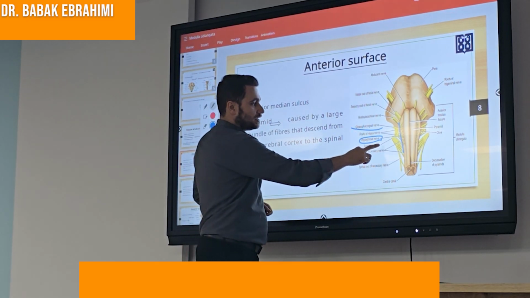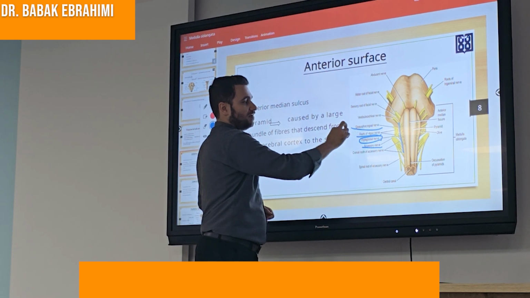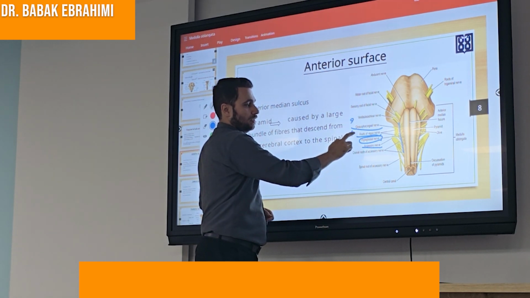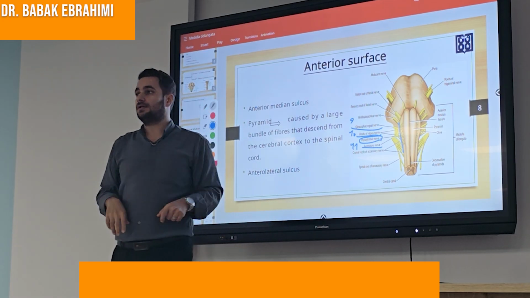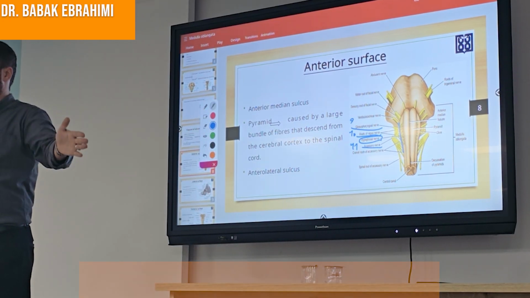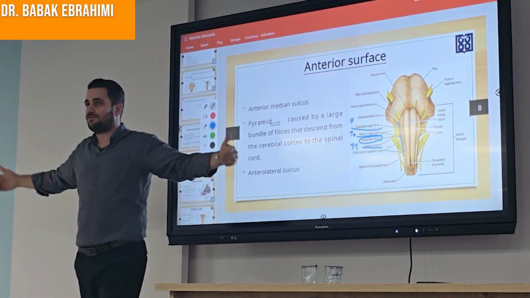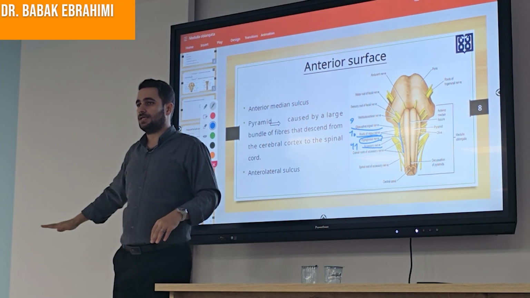Glossopharyngeal nerve. This one is the accessory nerve, and in the middle of them we have the vagus nerve: number 9, number 10, and number 11. So, anterolateral for number 12, and posterolateral for number 9, number 10, and number 11.